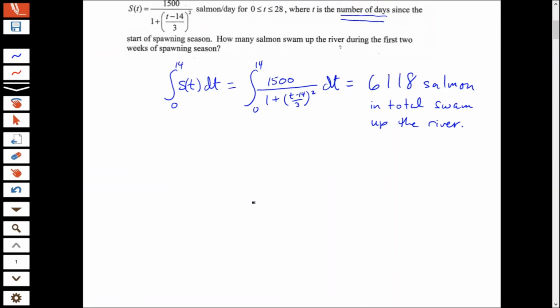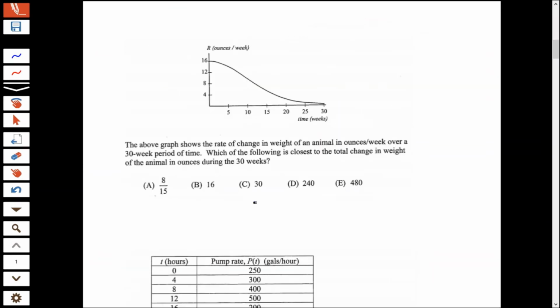Let's take a look at one that includes a graph. So how about this top problem here? The graph above shows the rate of change in weight of an animal in ounces per week over a 30-week period. Which of the following is the closest to the total change in weight? So we're looking for the integral from 0 to 30 of this, let's call this capital R of t dt.